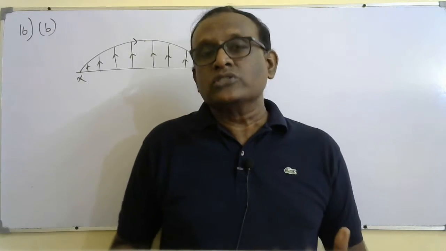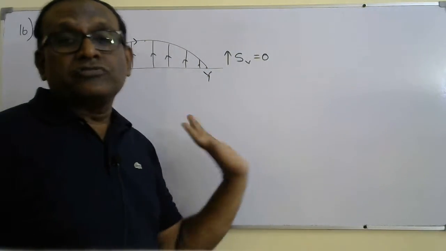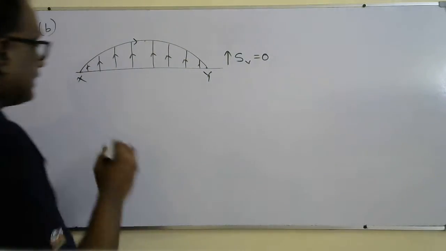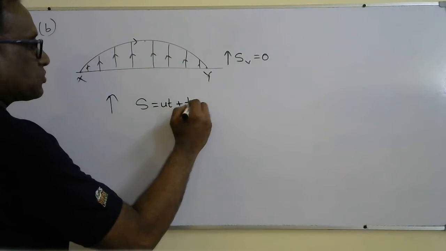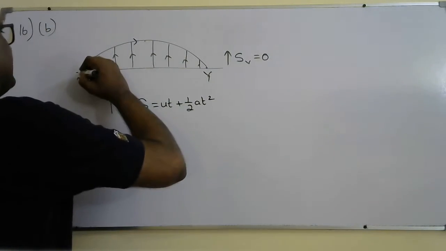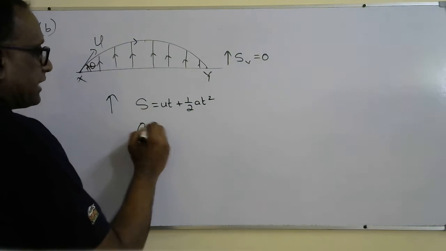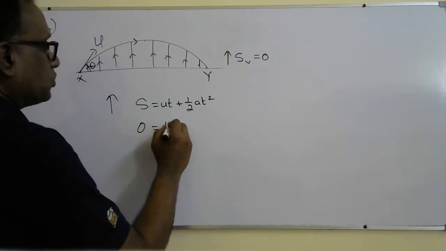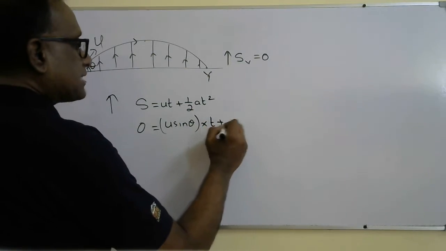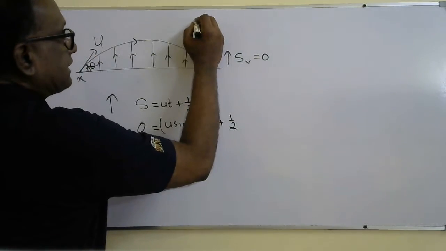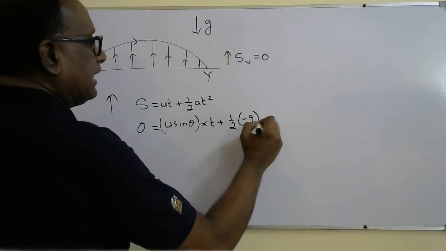So we normally use this vertical displacement equal to 0 to find the total flight time. Vertically, we consider s equals ut plus half at squared. If the initial velocity is u at an angle theta, we consider s as 0: 0 equals u sine theta times t plus half, the gravitational acceleration is vertically down, which is g, so we put minus g t squared.